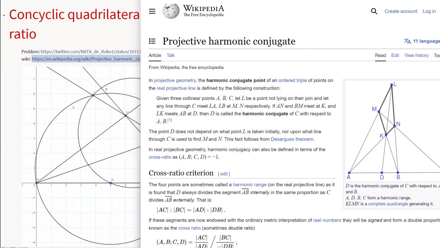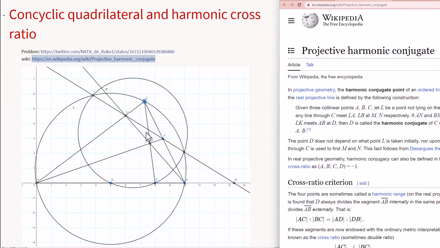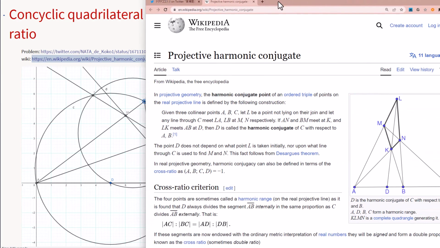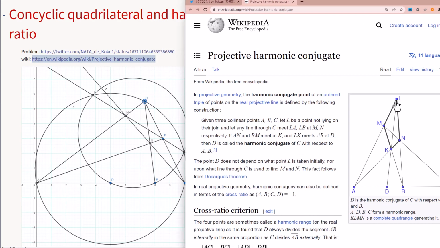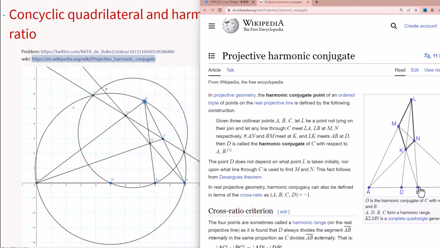Once we have that, if we match the diagram with ours, you will see LMKN is just CHGF here. A is the intersection of the extended lines LM and NK, so it's here. And B is the intersection of the extensions of MK and LN. So this is B.